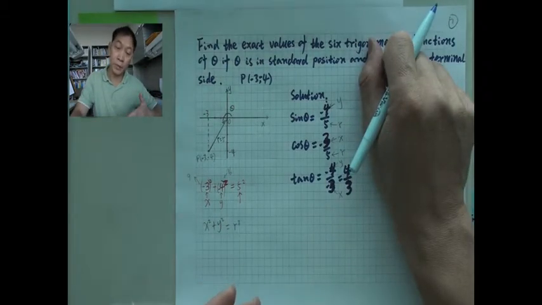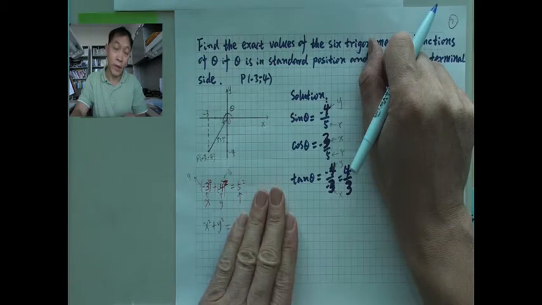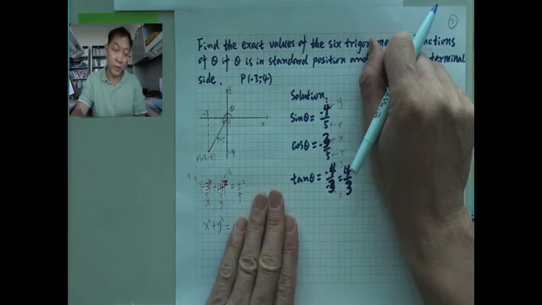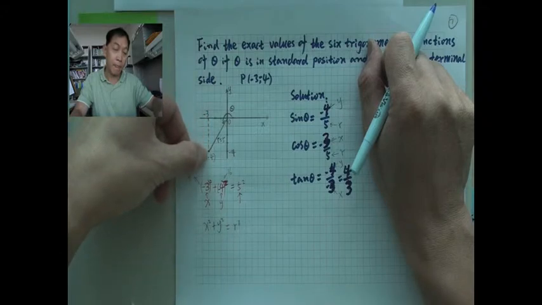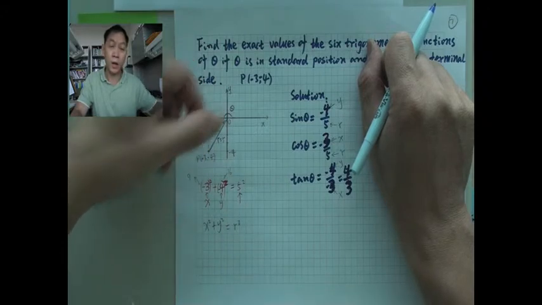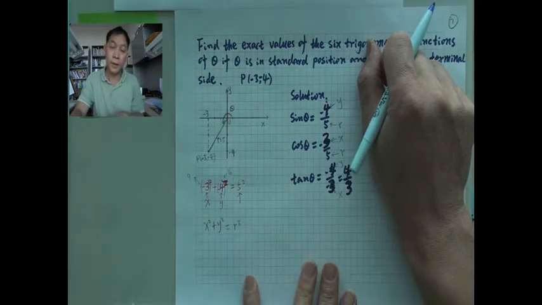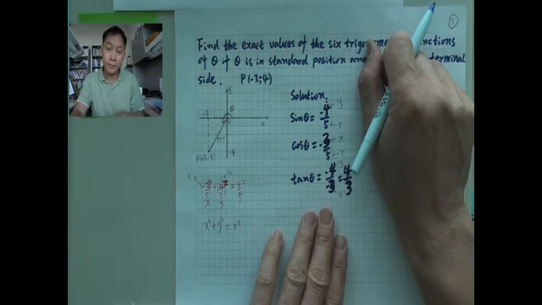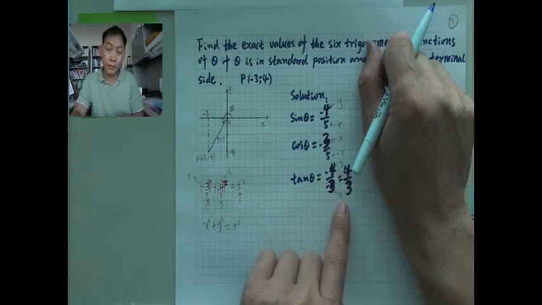So it's easy to make mistakes. And you can see here, if I'm not careful enough, I may make mistakes. Okay? So y over r. Always start with y. And then here, negative over negative comes to be positive.